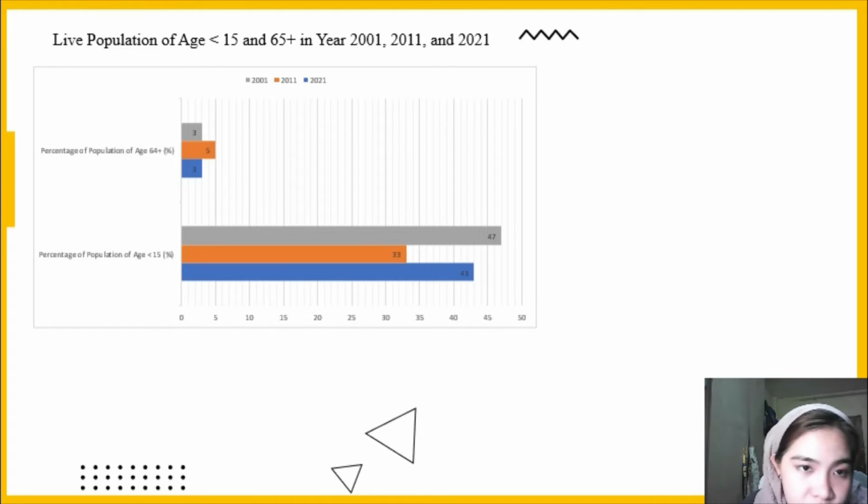So balik sa 3 siya after the 10 years. So for the percentage of population at the age which is greater than 15, for 2001, it's 47%. And in 2011, it's 33. So it's highest in 2001. And then nag-decline siya in 2011. And then nag-increase ulit siya in 2021.